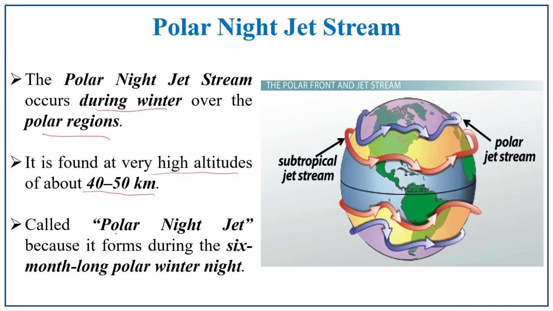It's called the polar night jet stream because in the northern hemisphere polar region and the southern hemisphere polar region, especially in the northern region, you have six months of winter season. In that winter season, this jet stream emerges. Because of this, the name is polar night jet stream.